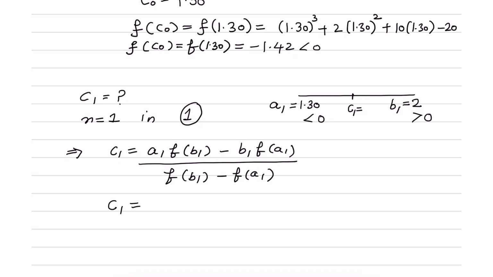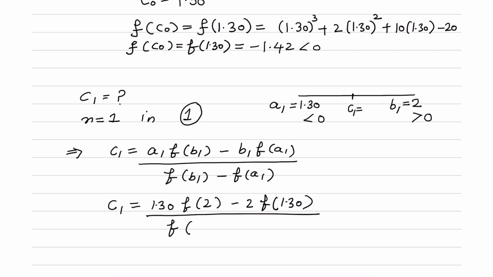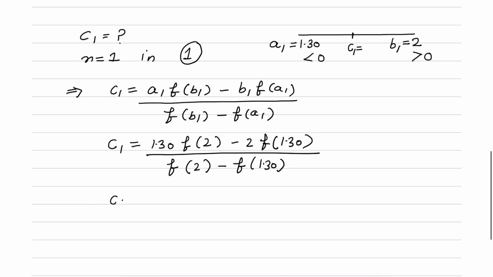That is, a1 is 1.30, that you will pick from here. b1 is 2, that you will pick from here. b1 is 2, a1 is 1.30, whole divided by f of 2 minus f of 1.30. Let's plug in the values. 1.30, f of 2, you will see in the beginning you have the value of f of 2, which is 16, minus 2, f of 1.30.